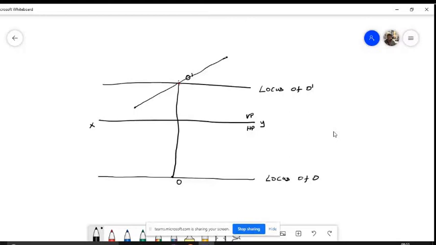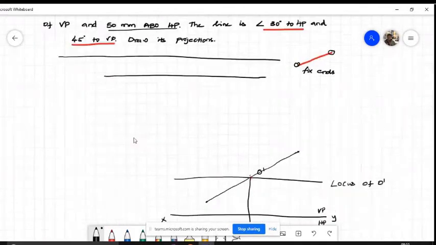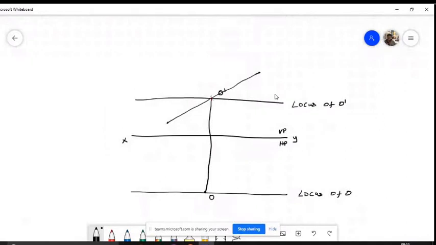The straight line is named AB, as given in the question. So this will be my A1 dash. The reason I am using A1 dash is that this is not the final front view. This is the true length. What we usually do is use A dash B dash for the front view, and this is another line, so that's why I'm using A1 dash and B1 dash.